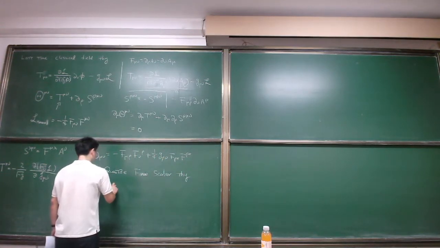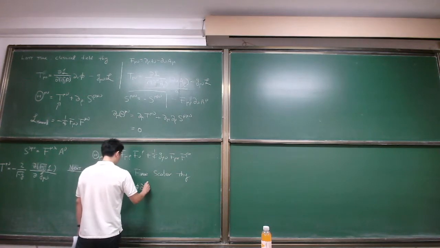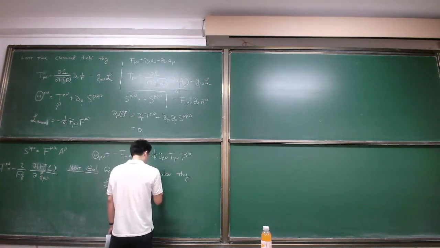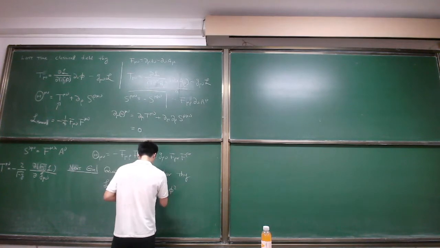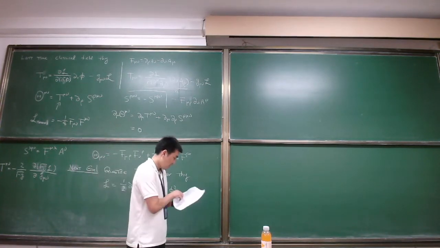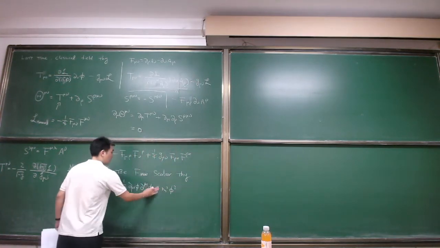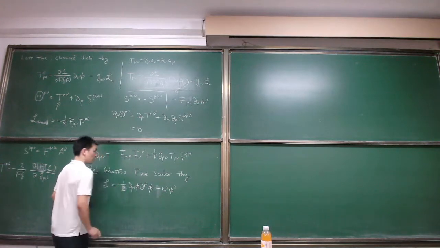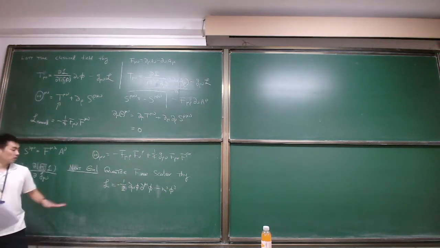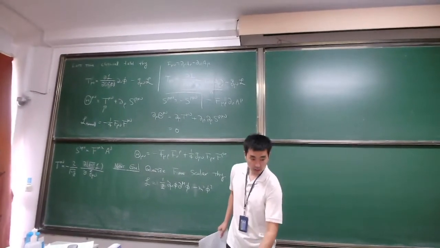The Lagrangian is given by this one, 1/2, sorry. I need to be careful. Minus, I forgot already. So this is what I'm going to quantize.